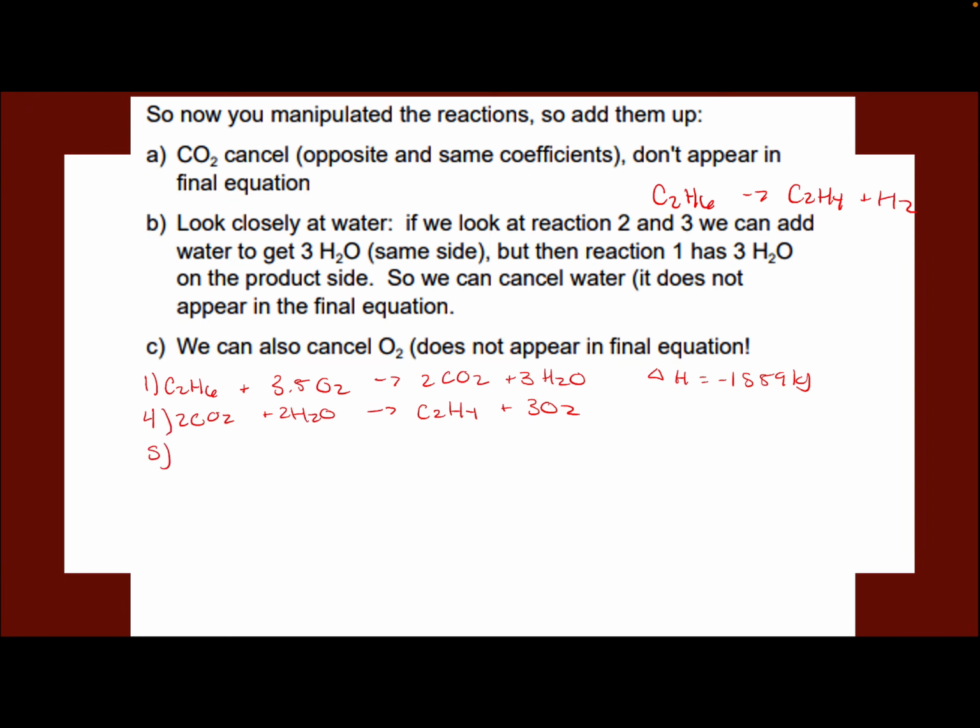Now, for 5, we had 2H2O to 2H2 plus O2. Change in H is 572 kilojoules. I forgot to write 4 out, which is 1411 kilojoules.